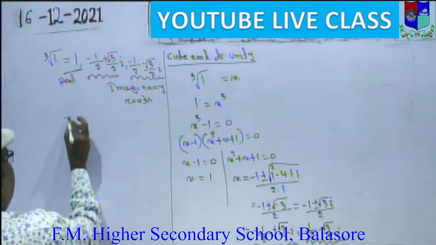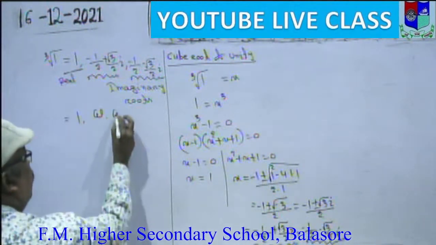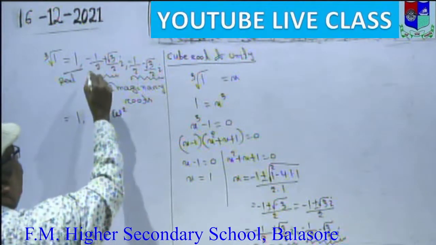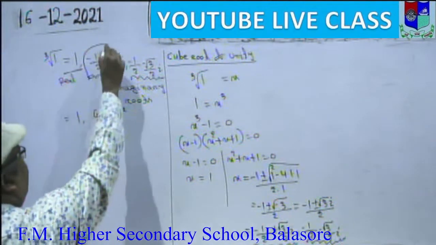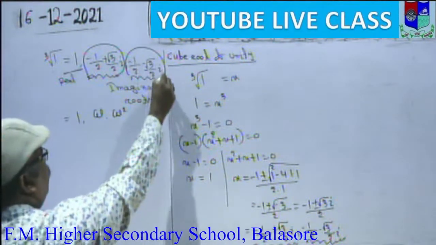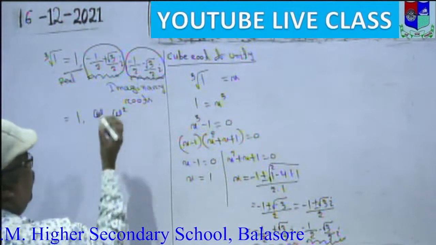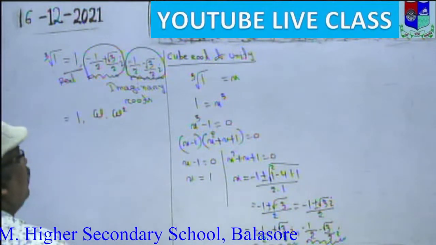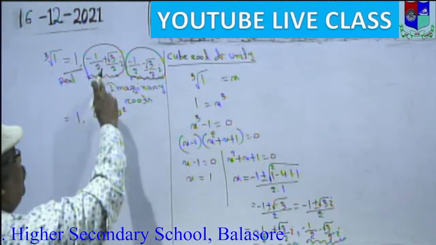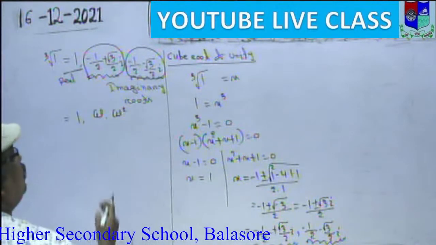We may symbolize it as omega, and the other is omega square. It is one root and it is another root. So we consider one is omega, other is omega square. Why do we write this omega square? Because these two numbers are square of each other.